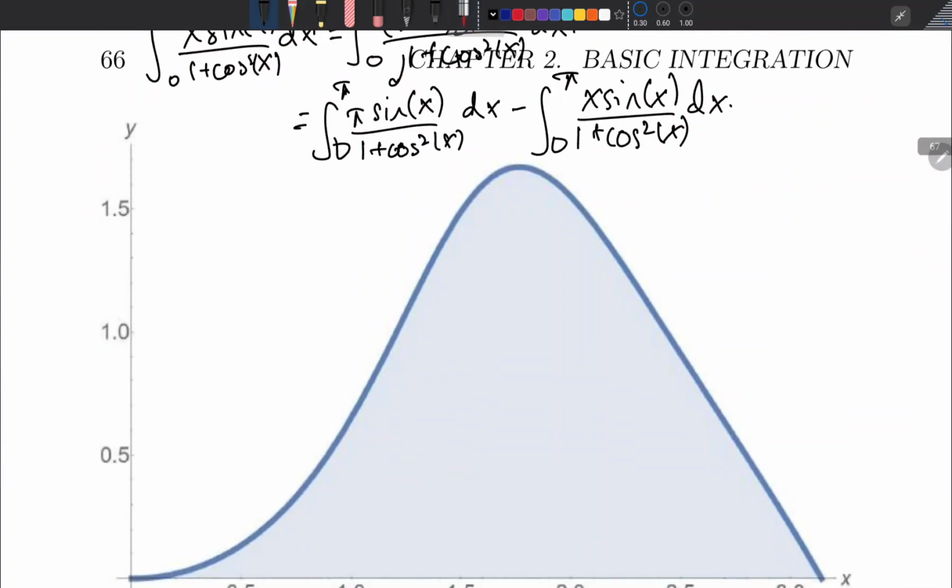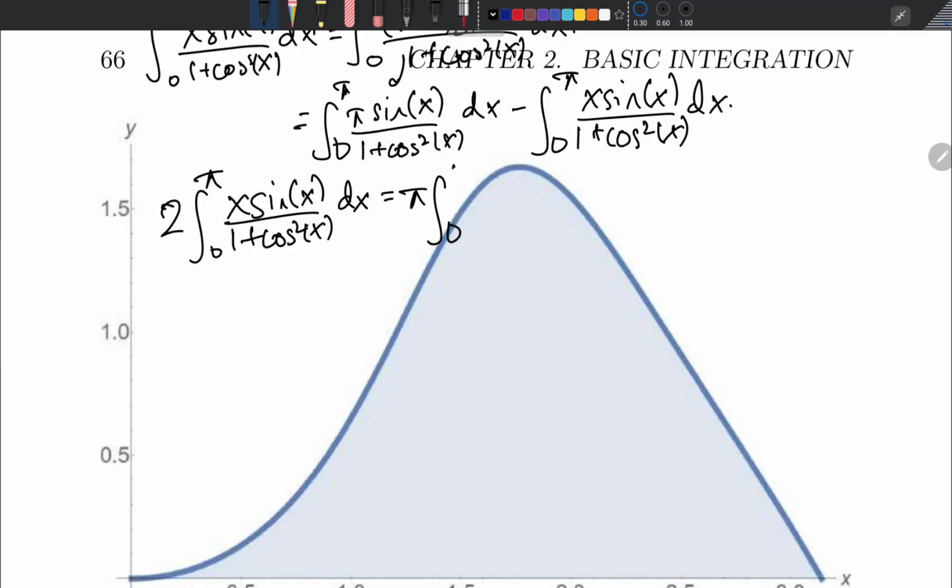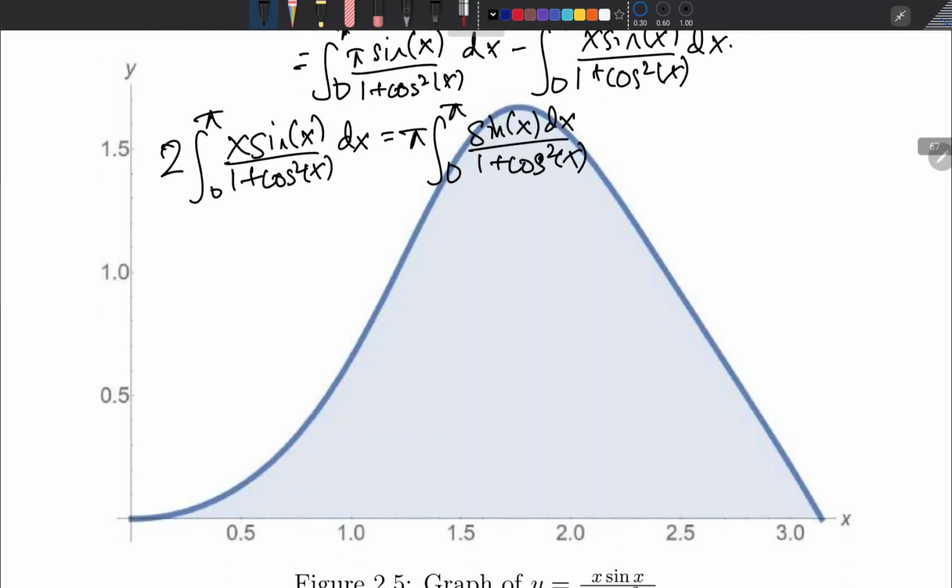So we can add it to both sides. We would have 2 times the integral from 0 to pi of x sine x over 1 plus cosine squared of x dx equals pi times, since pi is a constant, the integral from 0 to pi of sine of x dx over 1 plus cosine squared x, right?